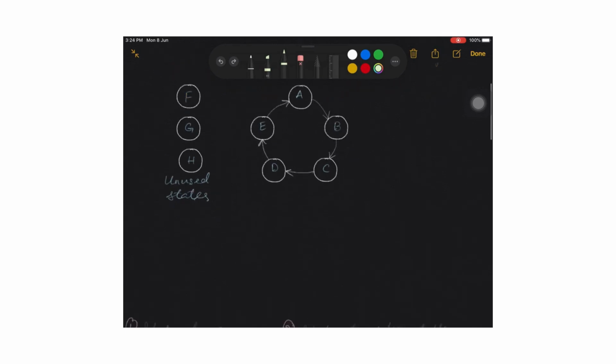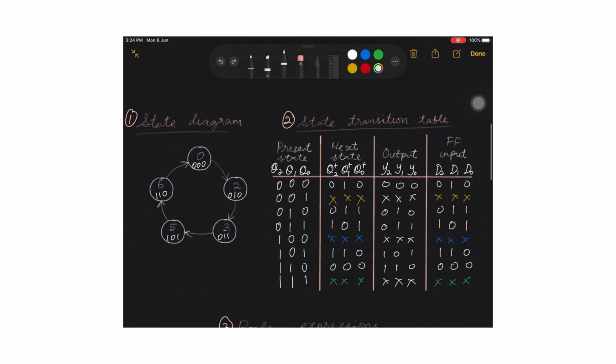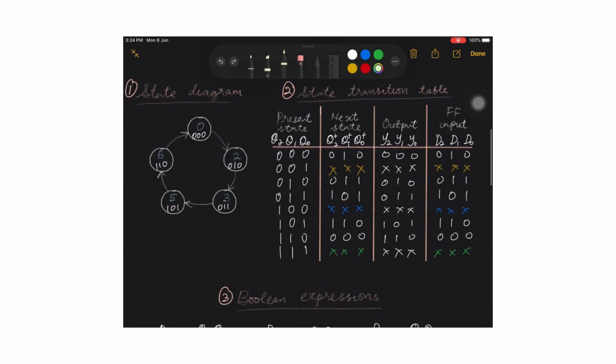For that purpose, I repost the same problem from the previous video, namely the counter with irregular sequence, and let's see how to identify whether this particular counter is self-starting or not.